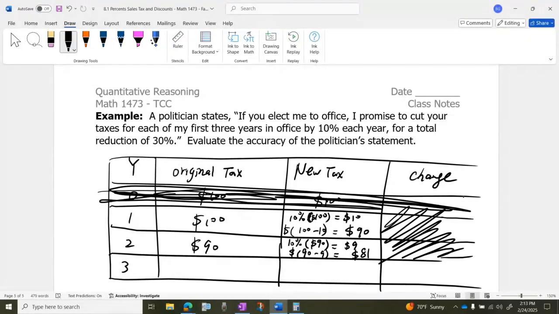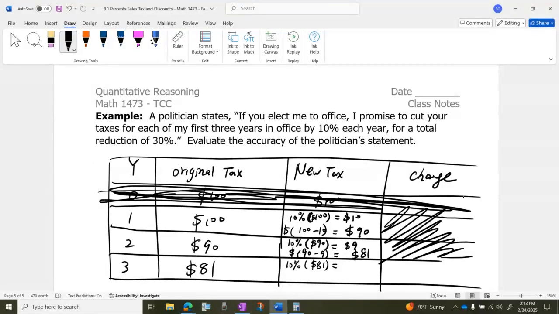That's the tax you pay at the beginning of year 3, right? The original tax for year 3 is $81. And in year 3, cut another 10%, but that 10% is not applied to $100, it's applied to $81.